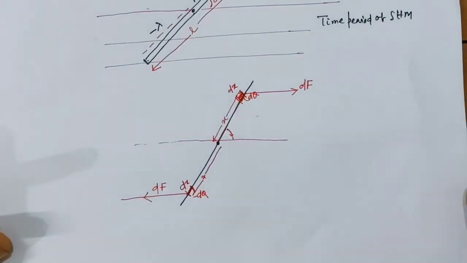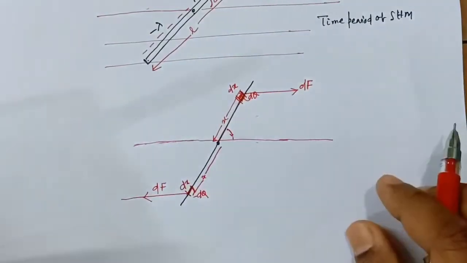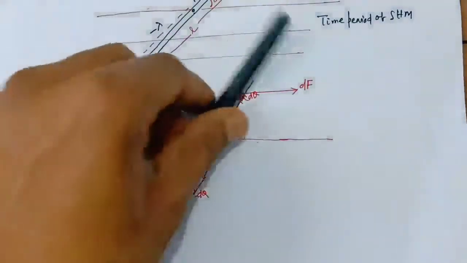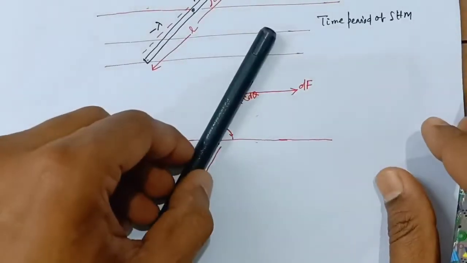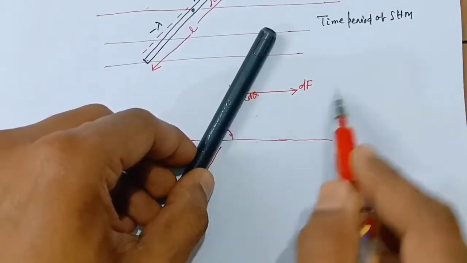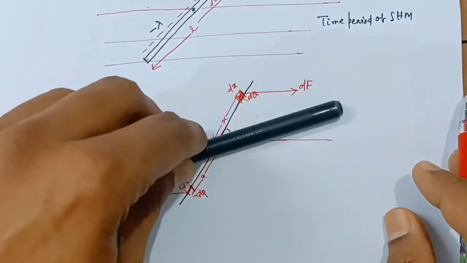This is pretty clear to everyone, I think. Yes, this rod will be rotated. Looking at exactly this scenario, this force is in this direction and this force in this direction. Due to that, a couple of forces is generated, a torque, and this rod will be rotated like this.